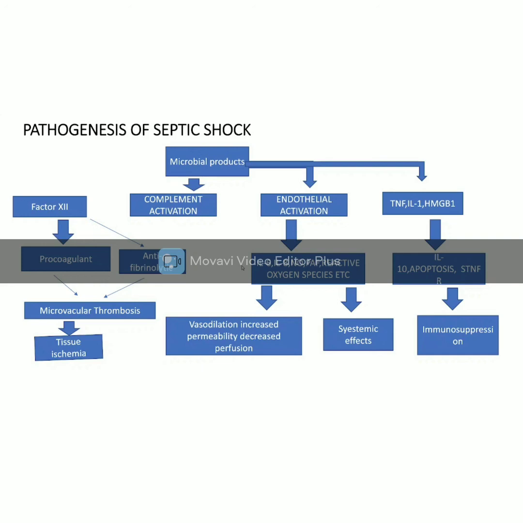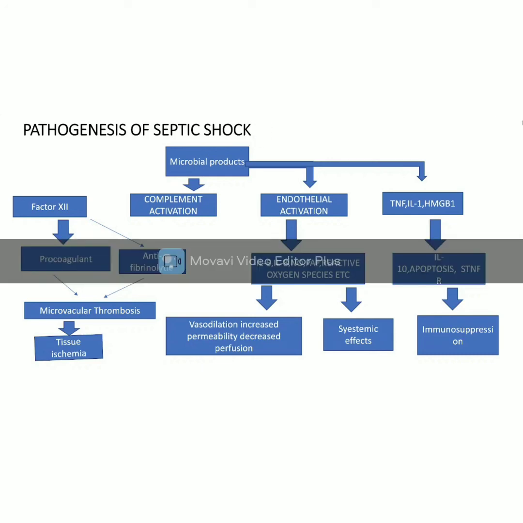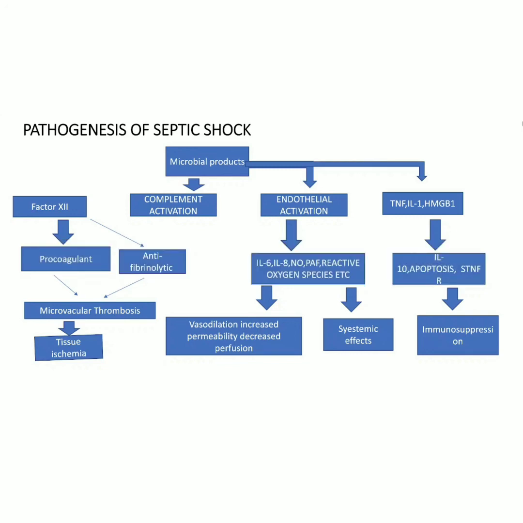Let's consider this camera as PAMPs and G cell proteins. They see them. After seeing them, what will they do? They'll start producing inflammatory mediators like tumor necrosis factor, interleukin 8, nitric oxide, reactive oxygen species, etc. Everything gets released.